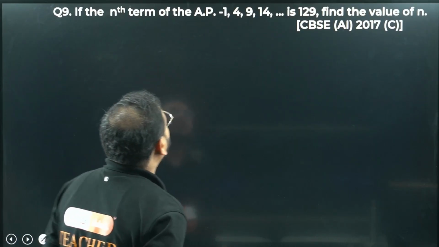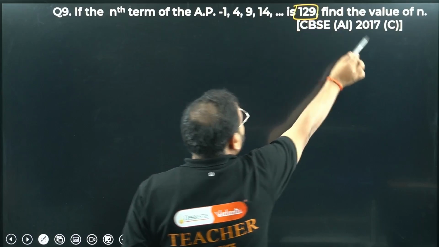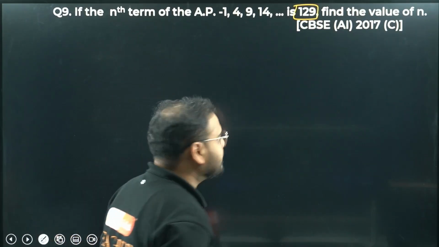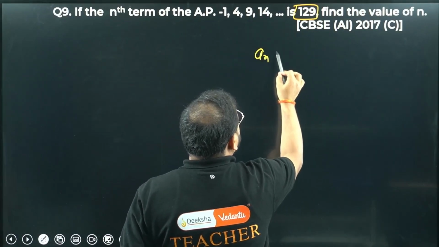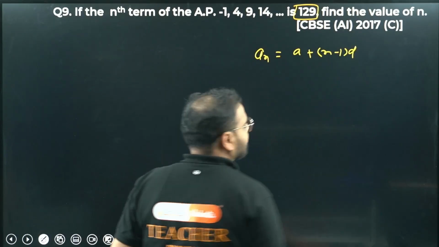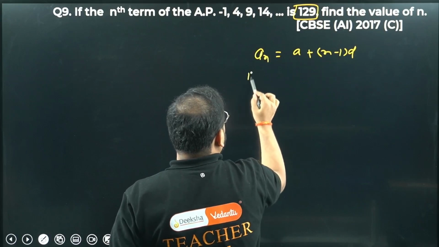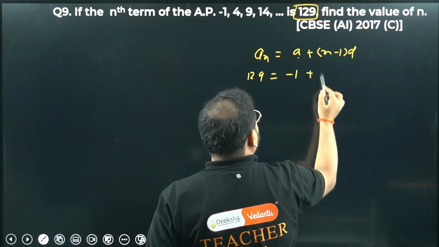If the nth term of an AP is 129, again a PYQ asked in AI papers 2017C, find the value of n. How will the formula go? an equals a plus n minus 1 times d. an is given as 129. The first term is minus 1, n I don't know.